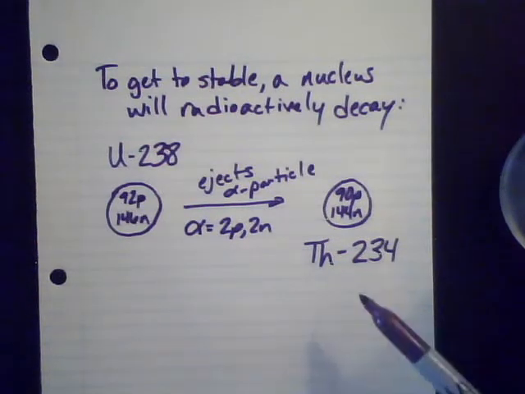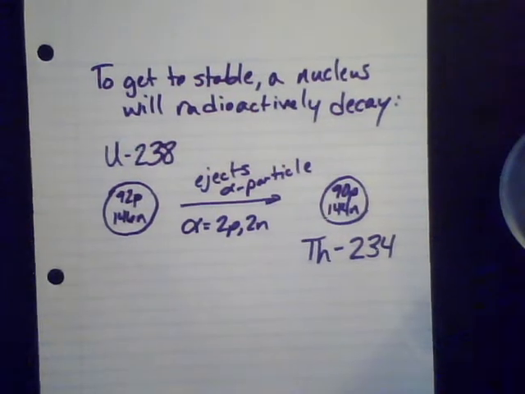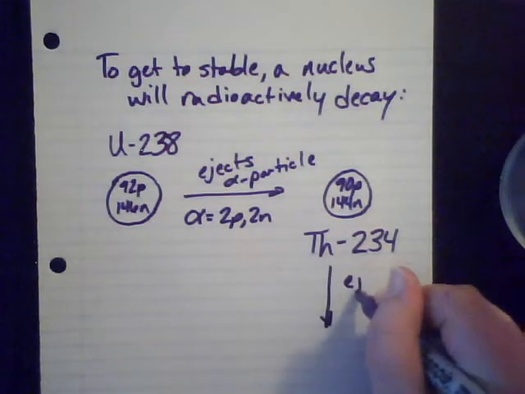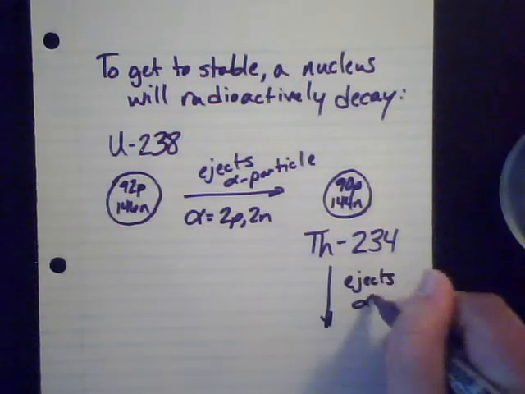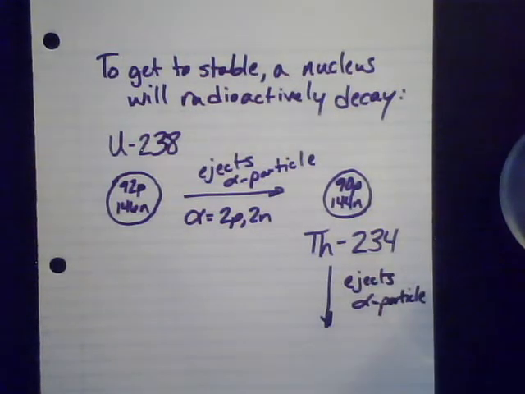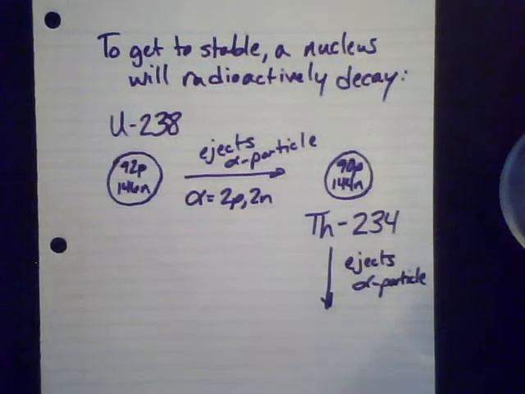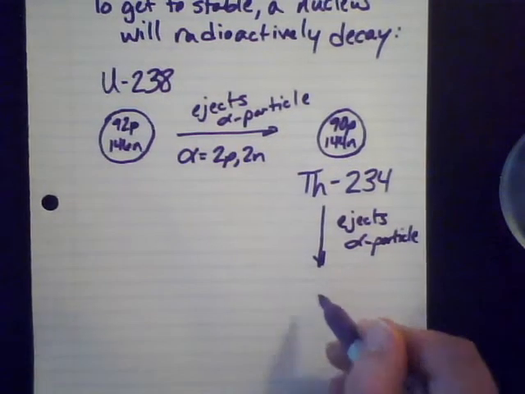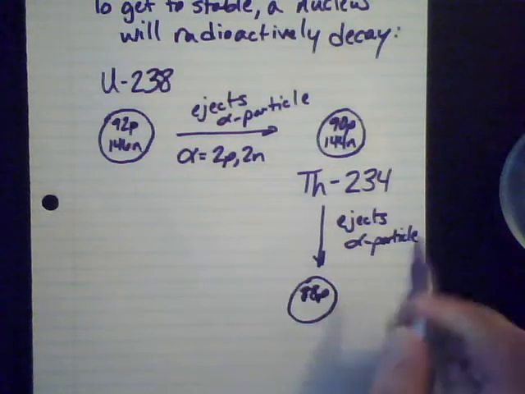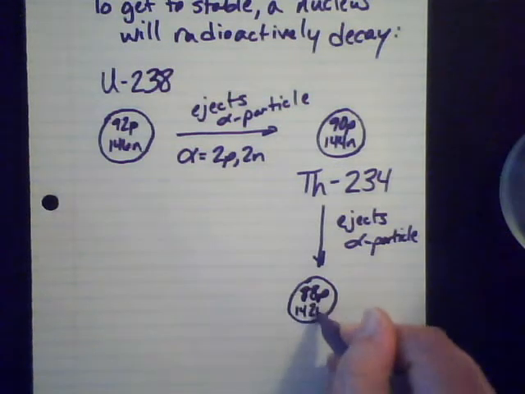Okay. So now, if my thorium-234, which is also another element that is not incredibly stable, emits an alpha particle, or ejects an alpha particle, now I lose another helium nucleus. Now I end up with a nucleus that has 88 protons and 142 neutrons.